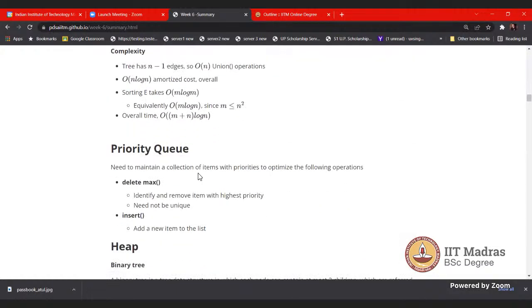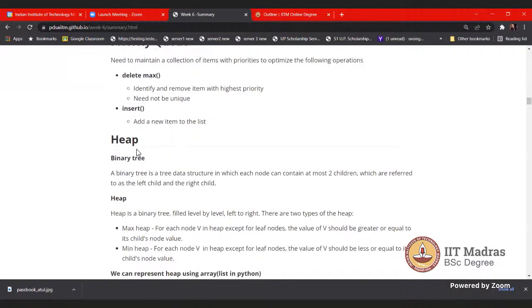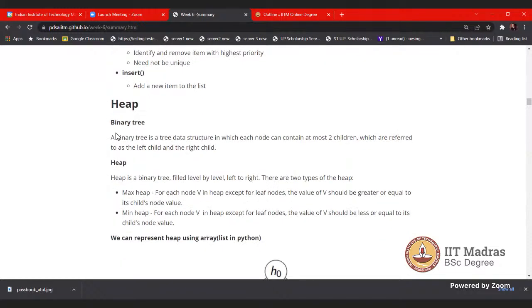And priority queue. Before the priority queue, we come to the heap concept. Heap. To understand heap, first understand what a binary tree is. A binary tree is a tree data structure in which each node can contain at most 2 children.